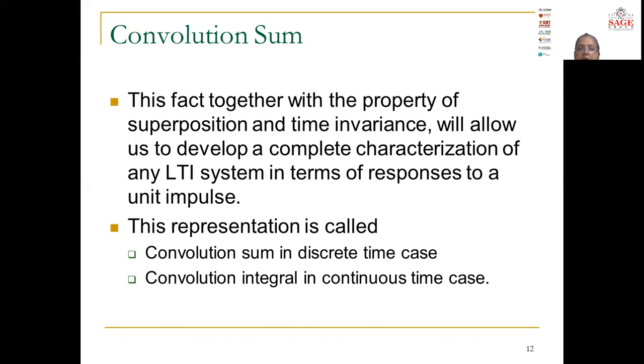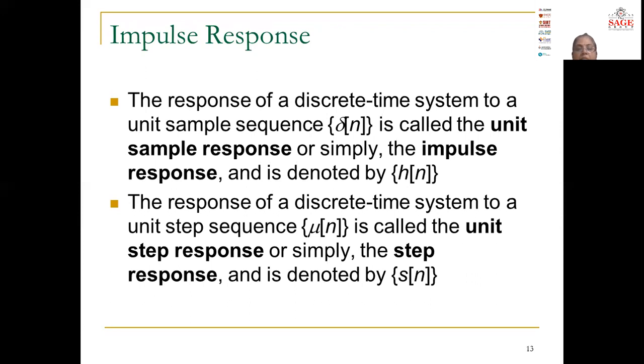These are called the convolution sum in discrete time cases, whereas the convolution integral in continuous time cases. Now, the response of a discrete time system to a unit sample sequence, which is represented as delta[n], is called the unit sample response, or simply the impulse response, and it is denoted by h[n].